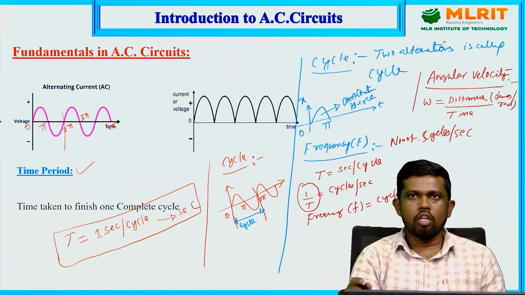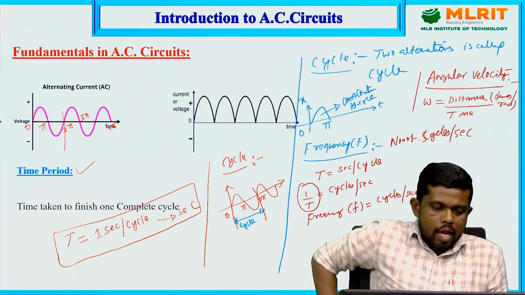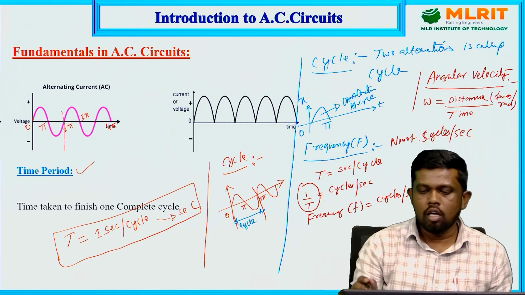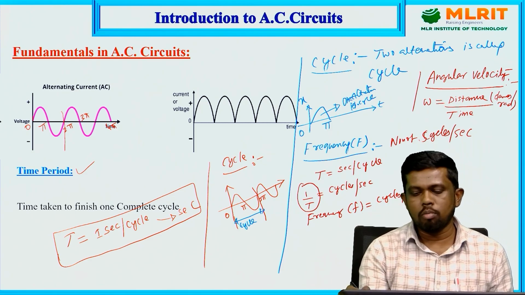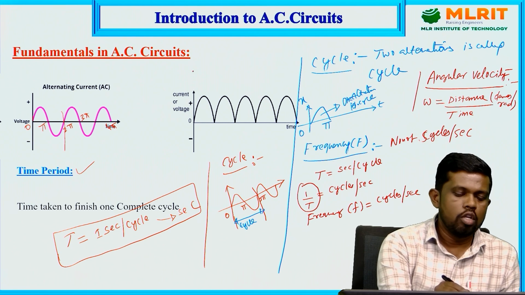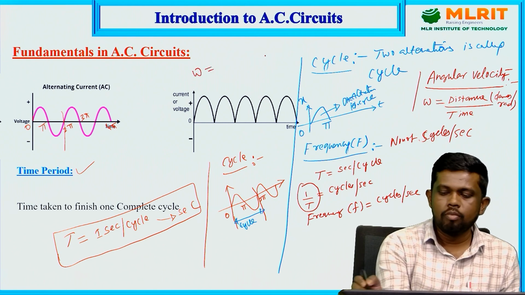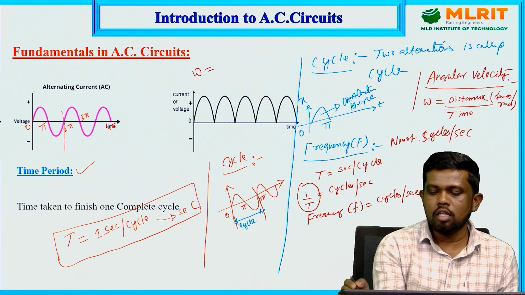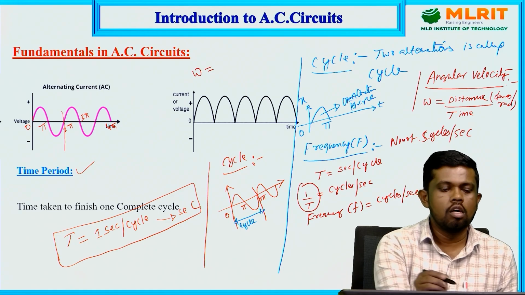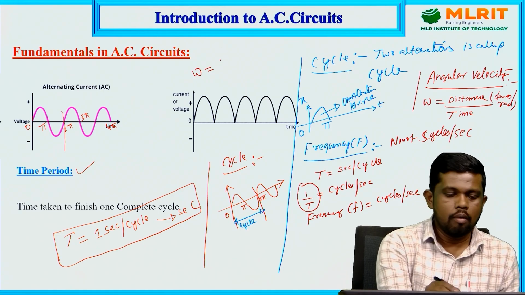So this is the notation of angular velocity: omega equals distance upon time in seconds, where we take theta as the distance, upon time in seconds.